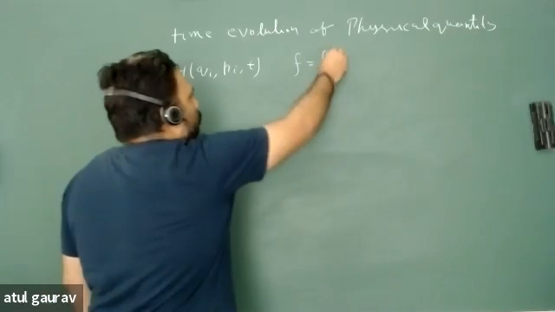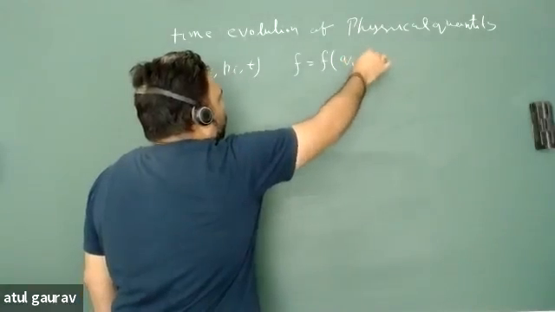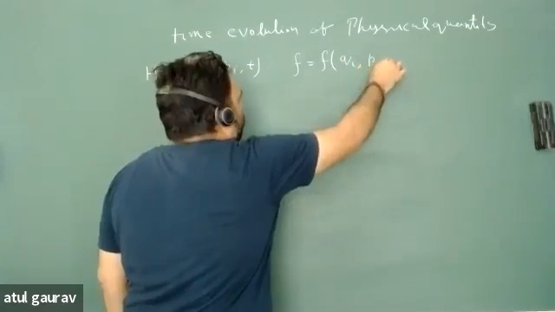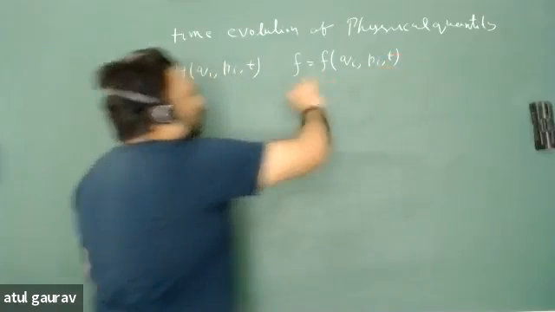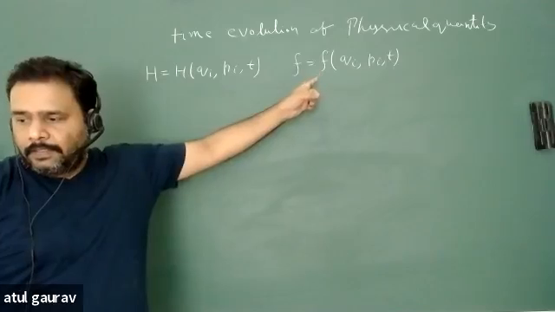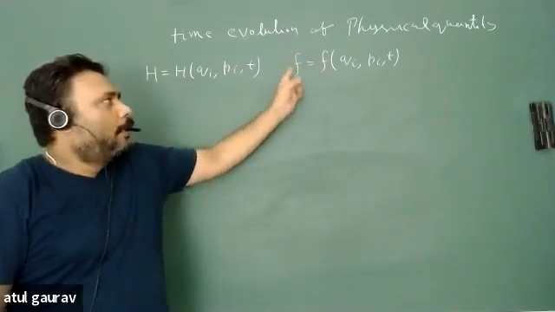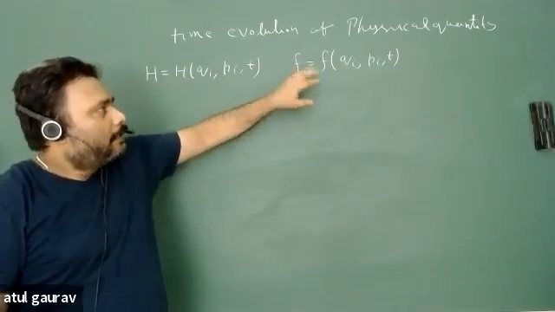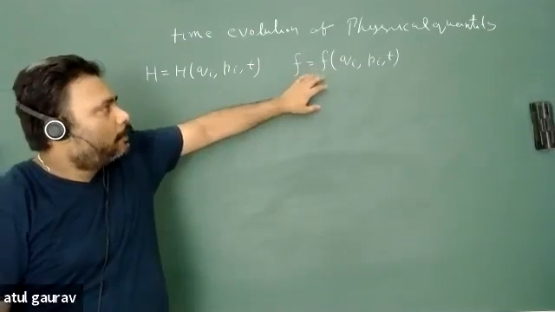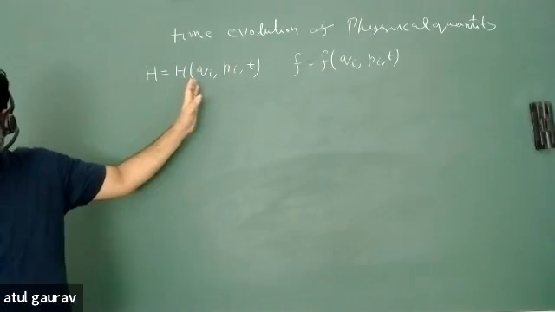This can also be defined in generalized coordinates, generalized momenta, and obviously time. So this is my function f, and this is my H. What we want to know is how this particular function evolves for this particular Hamiltonian.